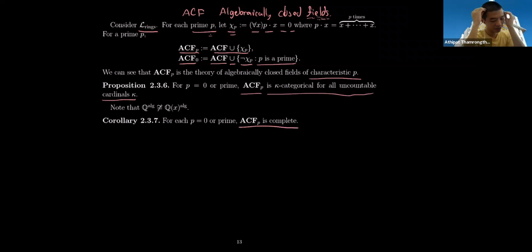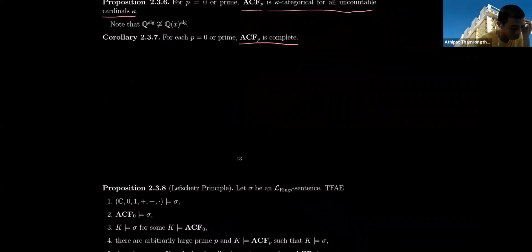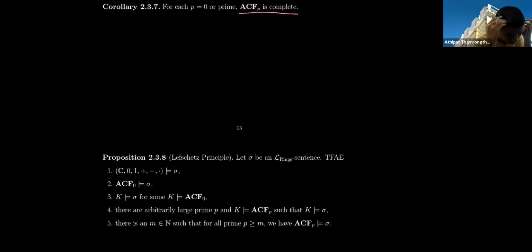So that is pretty nice. Here we have that ACF_p is complete for every prime p or p equal to 0. Okay, now as a consequence of this, Theorem 2.37, you have ACF_p is complete.